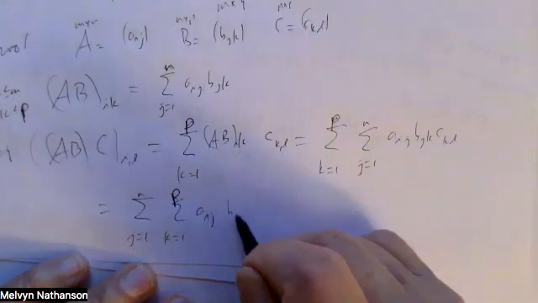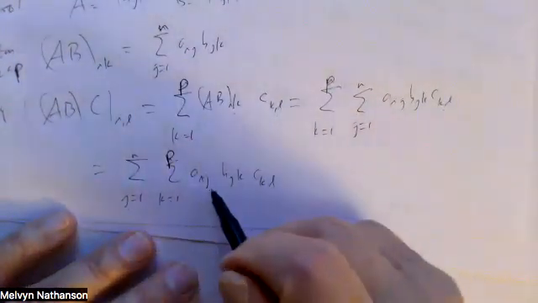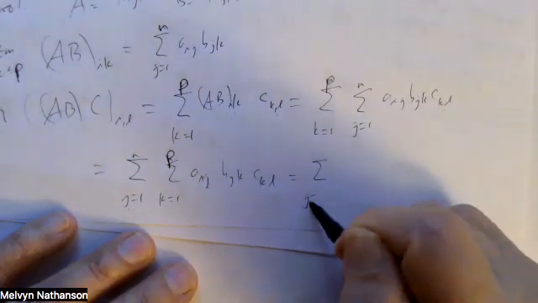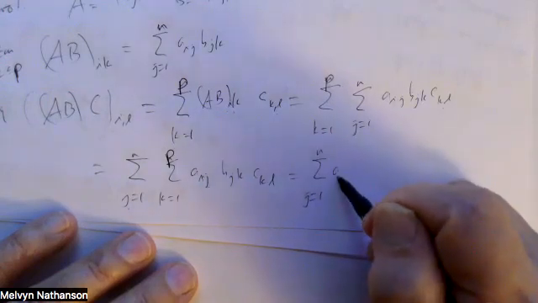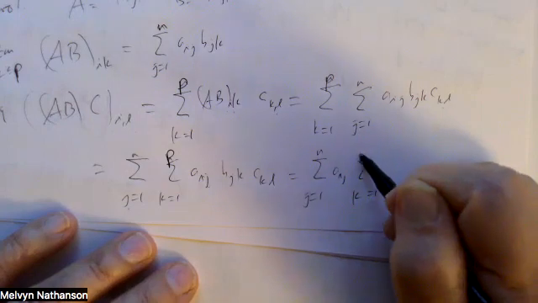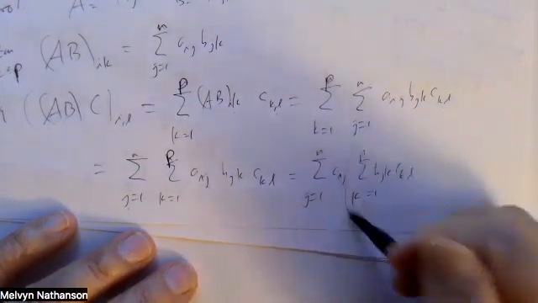Aij, bjk, ckl. The aij doesn't depend on k, so I can write this as the summation over j from 1 up to n of aij times the summation over k from 1 up to p of bjk, ckl.